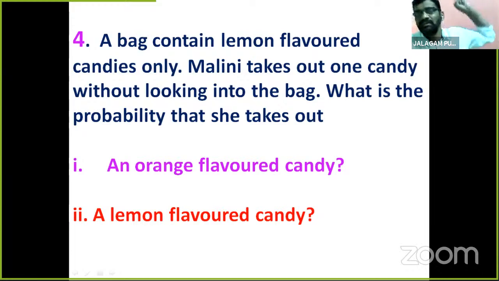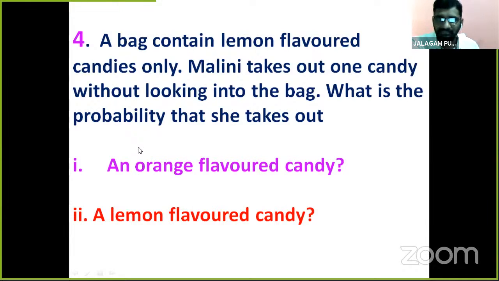What is the probability that she takes out, okay, next here: number 1, an orange flavored candy. First we find an orange flavored candy. Second one, we find a lemon flavored candy. So here 2 are there.